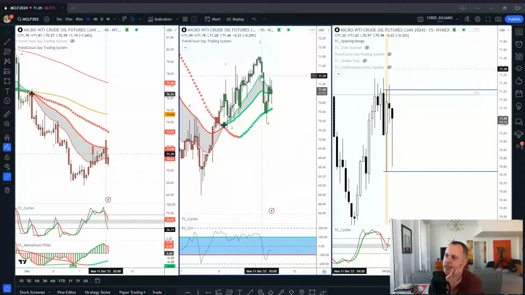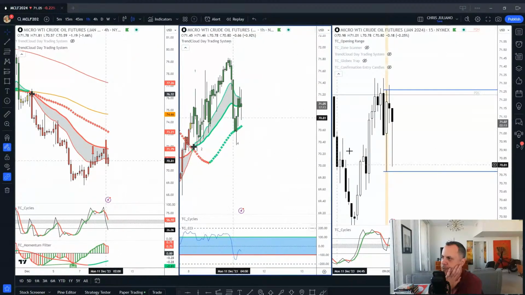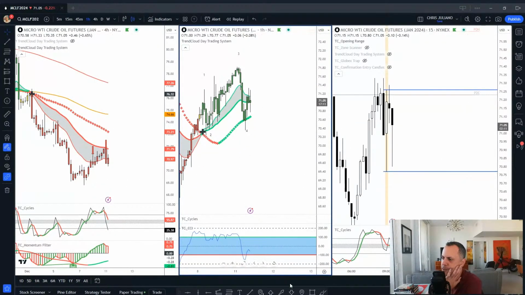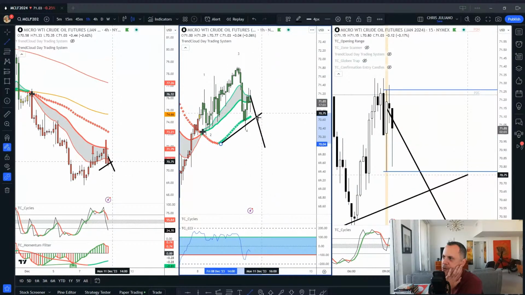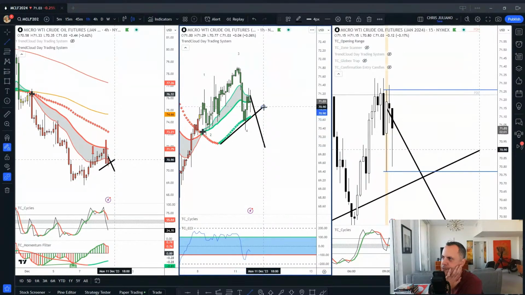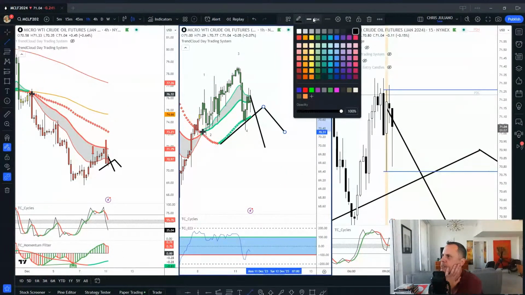So what do we want? What would make this perfect? This would be perfect if we had red candles breaking below this line in the sand here, right? We want this to turn down, become red, right?